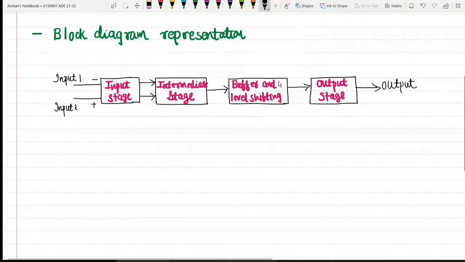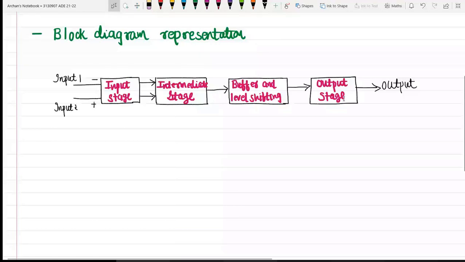So what are the basic requirements of an output stage? These are low output impedance, large AC output voltage swing, and high current sourcing and sinking capability. Okay, so what are we using? We are using the push-pull complementary amplifier, because this amplifier meets all the requirements which are required for the output stage of the operational amplifier, right?